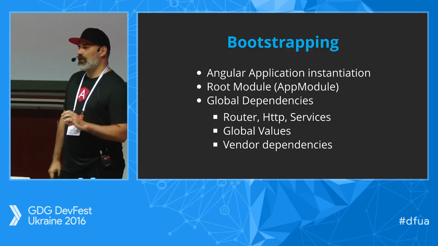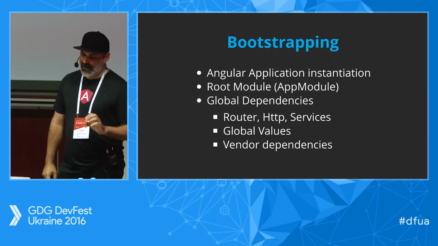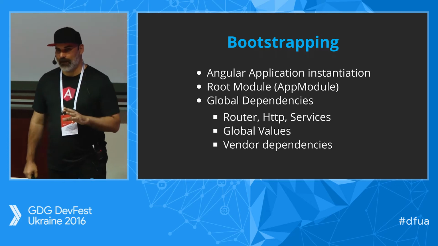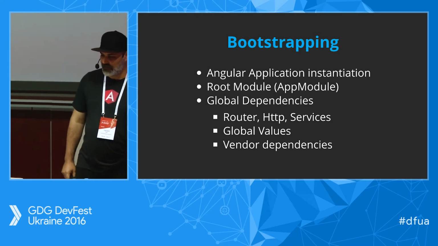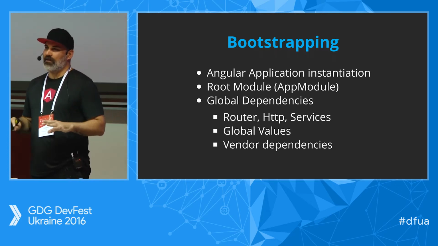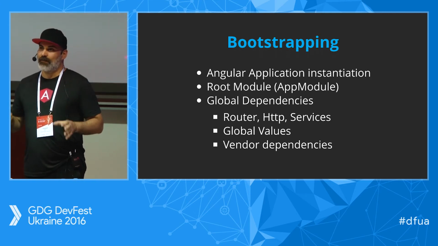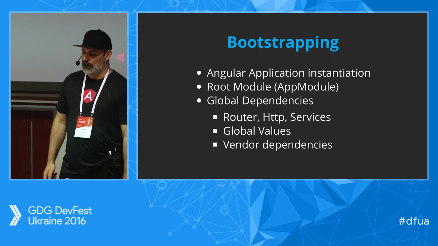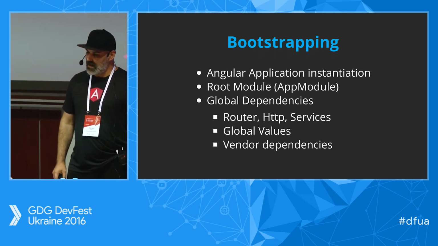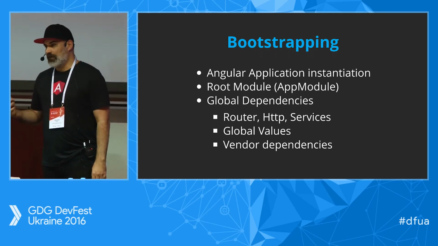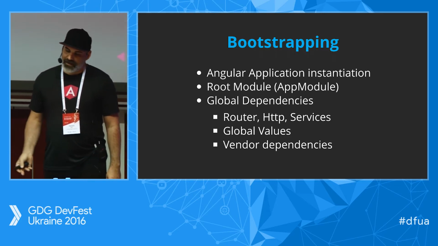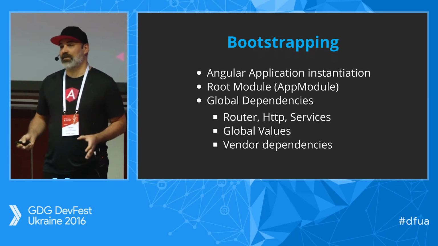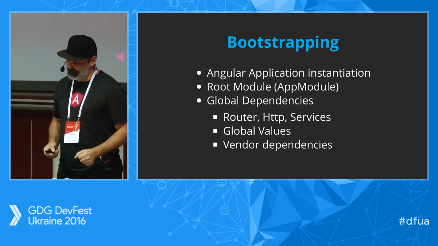In order to bootstrap our Angular 2 application, we need a root module that usually will be called app module, and it will configure all the dependencies that we are going to make available for the whole application. So this will include the router, usually, the HTTP module, and then other services that we want to provide.